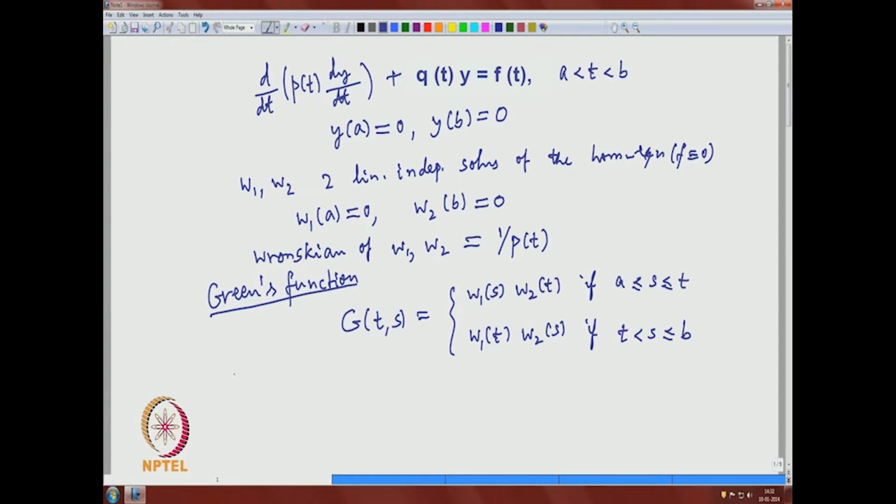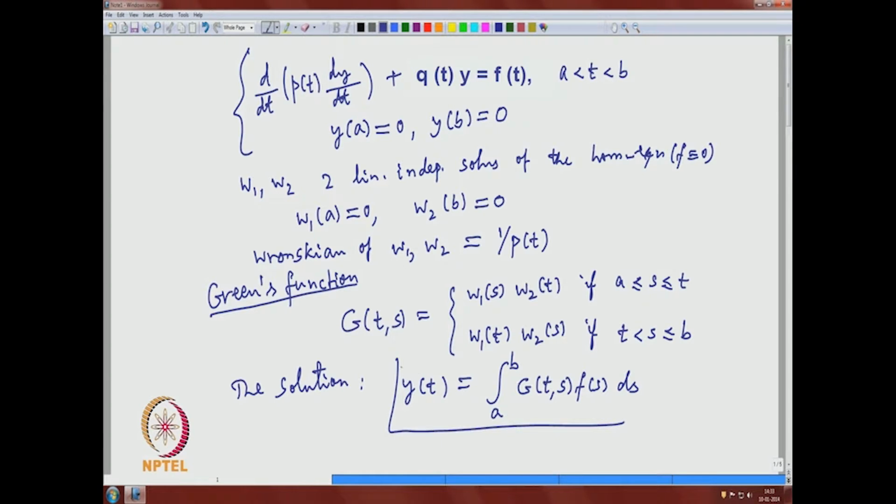And the required solution for the boundary value problem, y(t), is given by this integral from a to b of g(t, s) f(s) ds, and we verified that this y given by this integral satisfies both the boundary conditions as well as the differential equation.